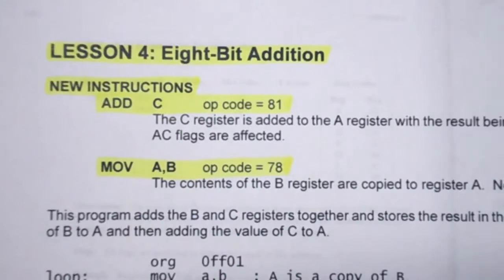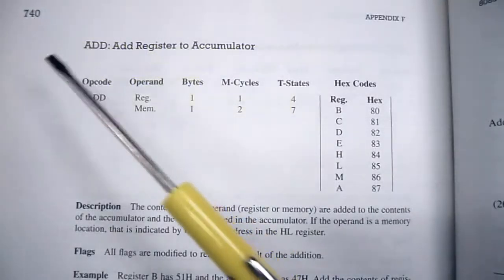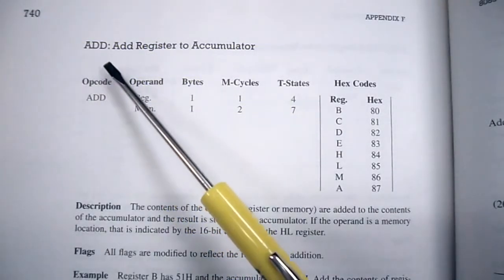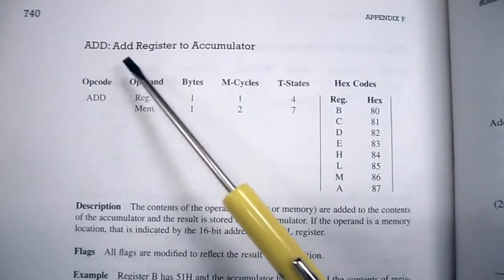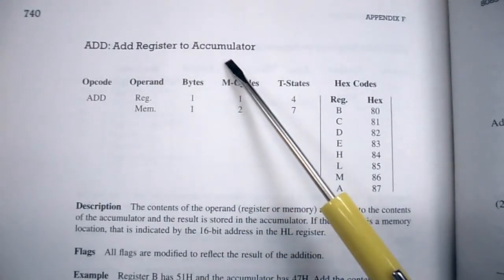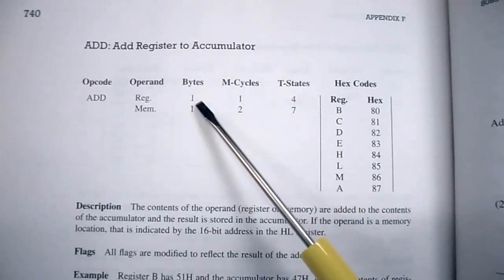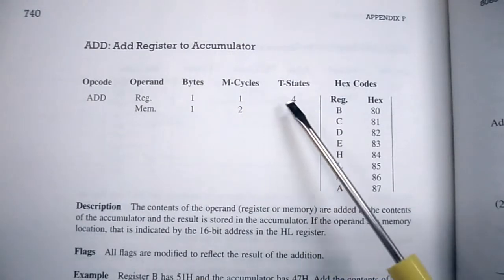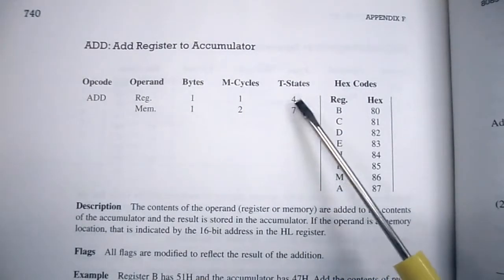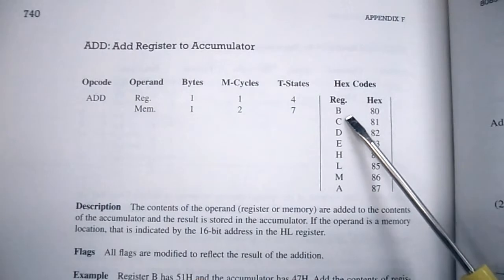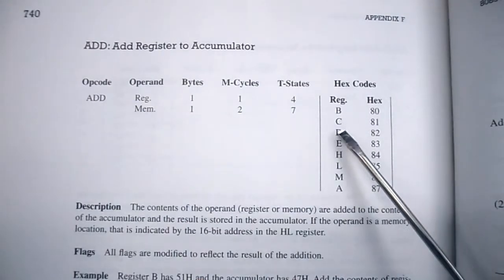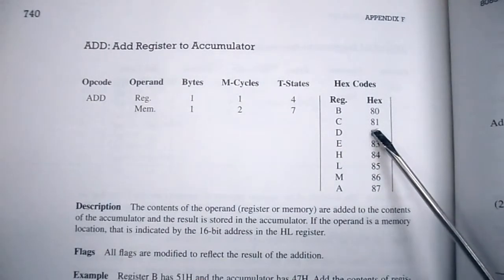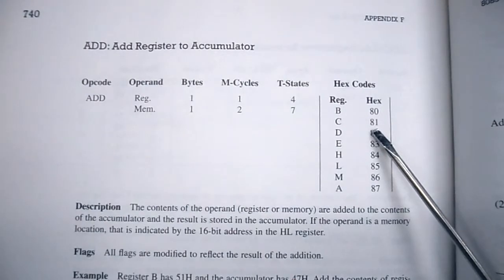On page 740 of your textbook, we have the ADD command, add register to accumulator. It's 1 byte, 1 machine cycle, and 4 T-states. Checking the hex code, we want to do an ADD C, so the code for that is 81.